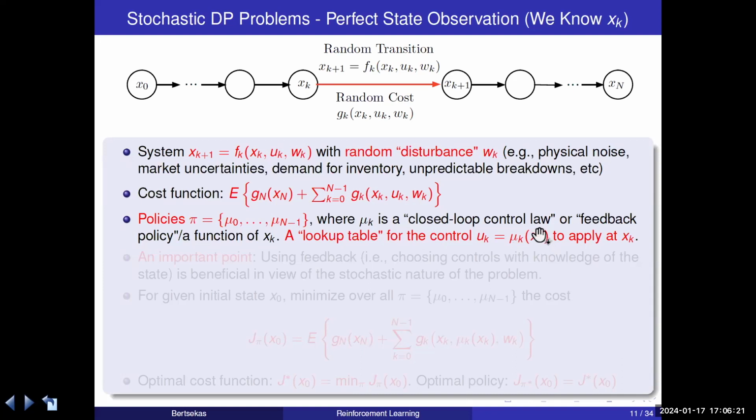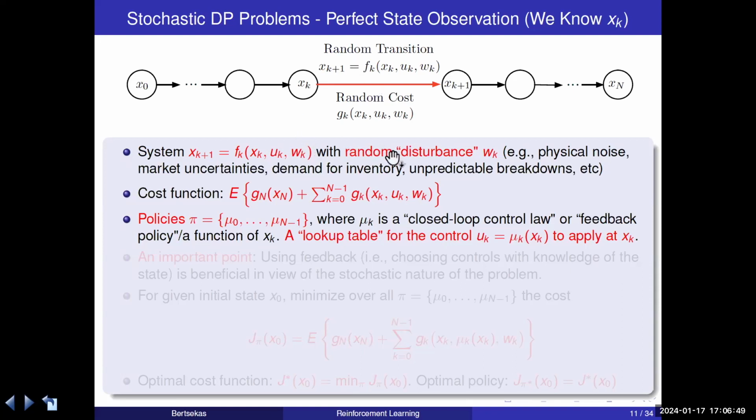Now, why is that? As the system progresses, we land at different states, and it would not be a good idea to apply the same control at all states, which we can predict at the initial state, but rather it would be helpful to wait to see what state we get and choose the control accordingly.